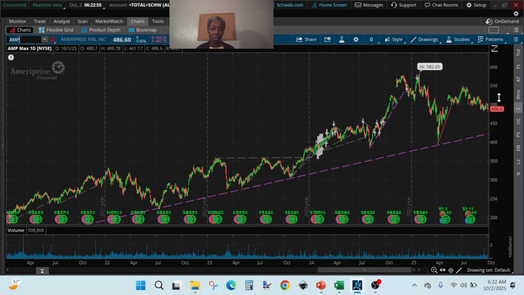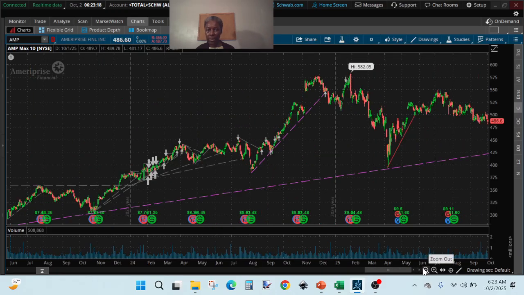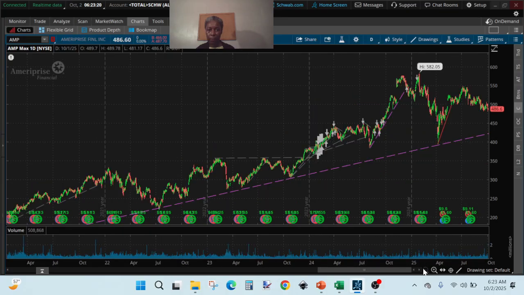So it could be an entry point, but I just feel like it's a little bit high. If it pulled back a little bit lower before it starts going up, then I could try to get in there. But it touched base with the value line and started going up. Of course, it's going to be going up and down on its trajectory. So in this instance, this is not a buy for me.